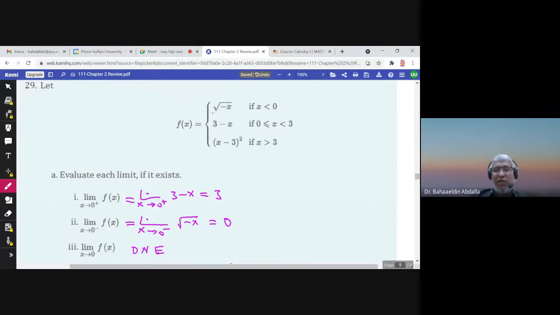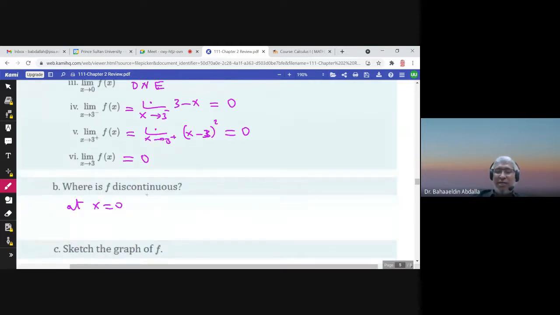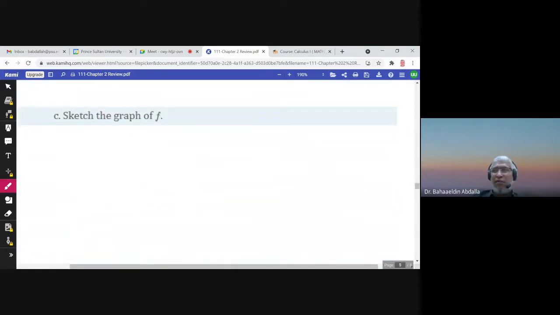Let me check here. X is less than 0, negative 1, negative 2. So a negative would be positive, so it would be continuous here. This square root is continuous in this interval. 3 minus x is a straight line, it's continuous in this interval. This is a parabola, continuous in this interval. So f of x is continuous everywhere except at 0. Sketch the graph of f.